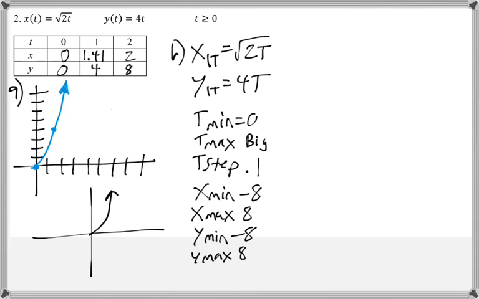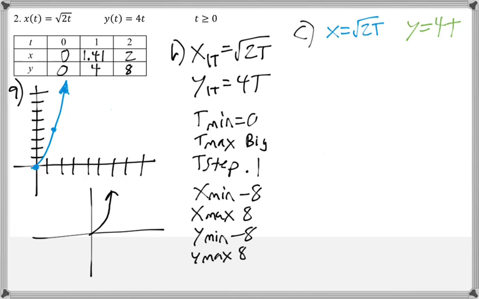Okay, so then for part C, we're trying to convert to the equivalent rectangular form. And mathematically, it's very similar to solving a system of two equations by the substitution method. So we have our two equations. We have x is equal to square root of 2t, and we have y is equal to 4t.